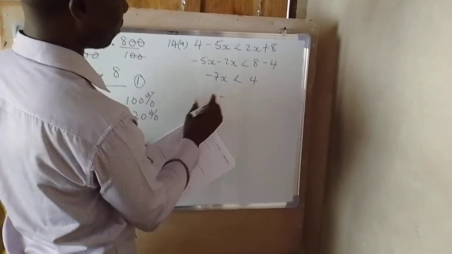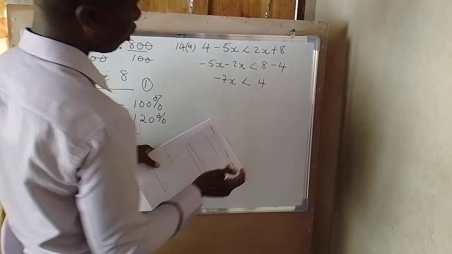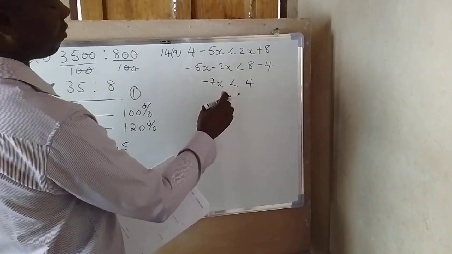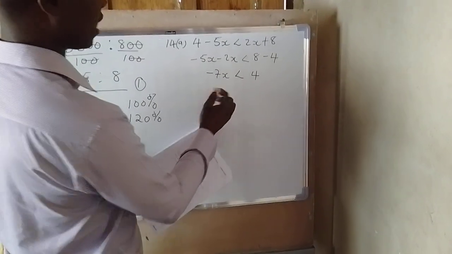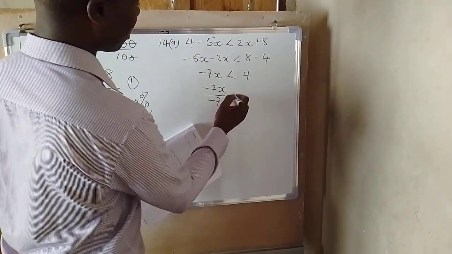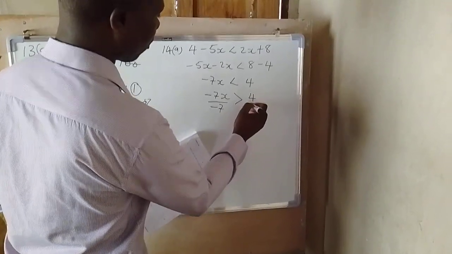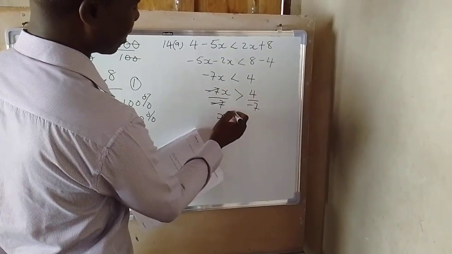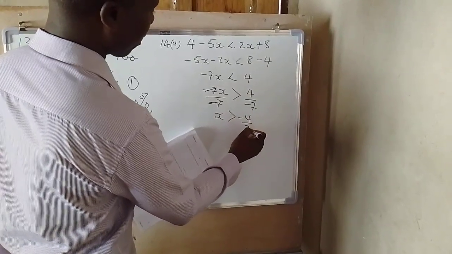Then let's divide both sides by minus 7. Now, when we are dividing by minus 7, or when we are dividing by a negative, we reverse the sign. So it becomes minus 7x over minus 7 greater than 4 over minus 7. So this becomes x greater than minus 4 over 7.